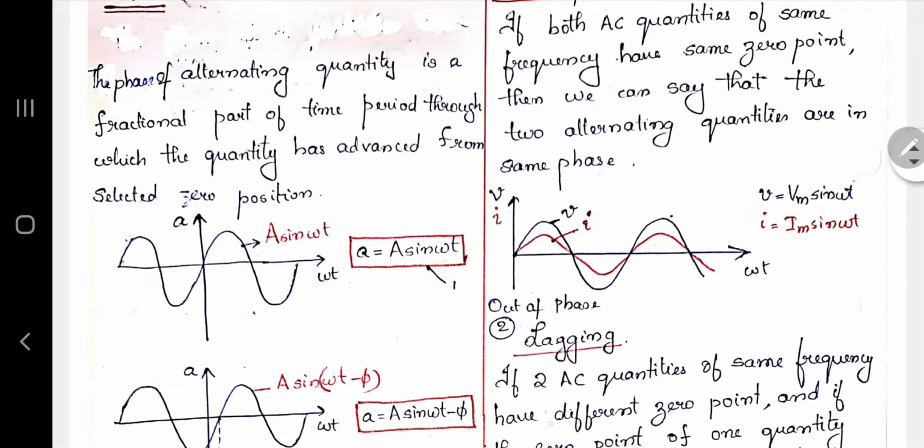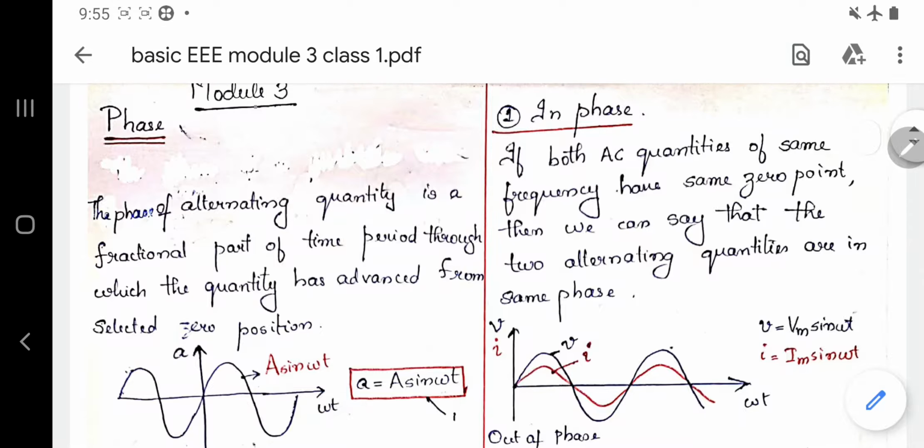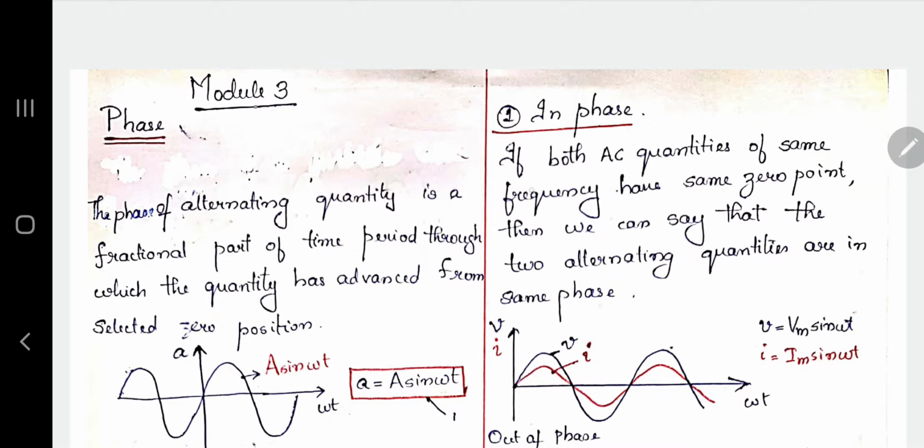First one, we are going into what is meant by in phase quantity. So what is meant by an in phase quantity? If both AC quantities of same frequency which are being compared have the same zero point, then we can call it in phase.